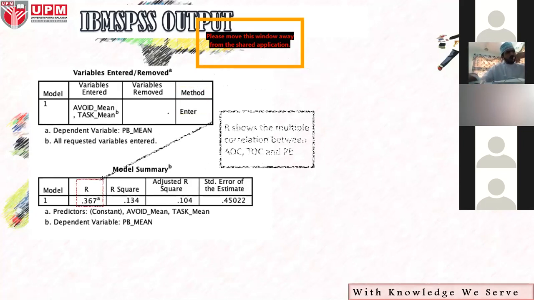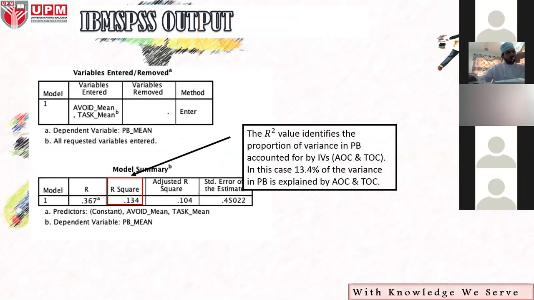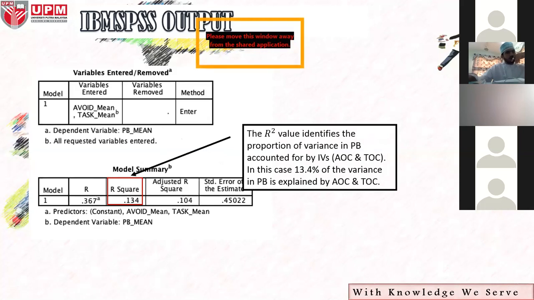And then the next table is the variables entered. This table indicates the method used. And then the model summary will present your R value and R square. Based on the R squared value, we can say that 13.4% of variance in PB, philanthropic behavior, is explained by TOC and AOC, avoidance oriented coping. Earlier it was only 11 point something percent.